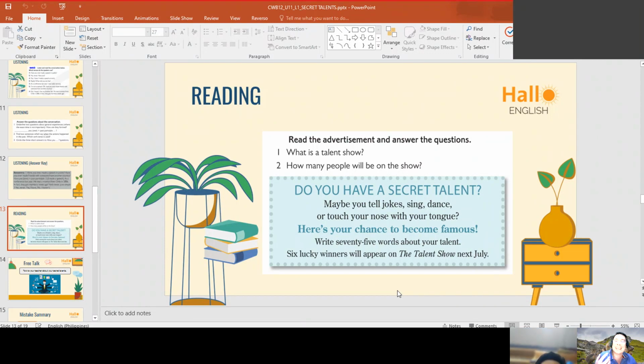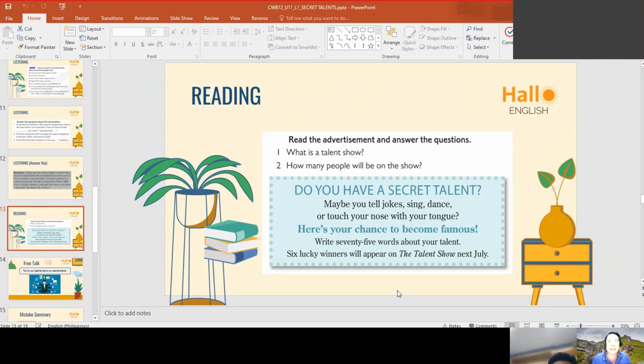Maybe you can sing very well, but you do not show that one to the public because you are shy. But when you are alone at home, you can sing very well, right? So that would also be a secret talent. You can also dance very well, but since you are shy, you do not show that one to the public. But when you are just alone, you are a good dancer.